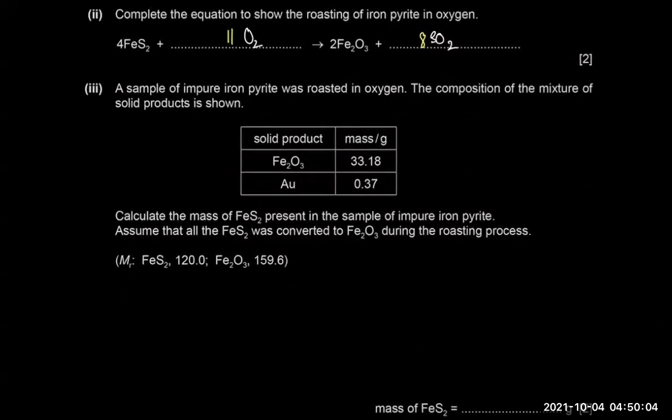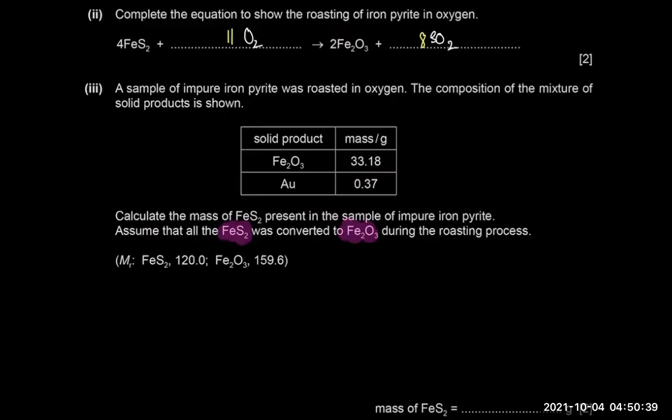A sample of impure iron pyrite was roasted in oxygen. The composition of the mixture of solid products is shown. Calculate the mass of iron pyrite present in the sample of impure iron pyrite. So they've told us that after roasting in oxygen we had this much iron(III) oxide, so how much iron pyrite is present in the original sample? How do we do this? Moles of Fe2O3.